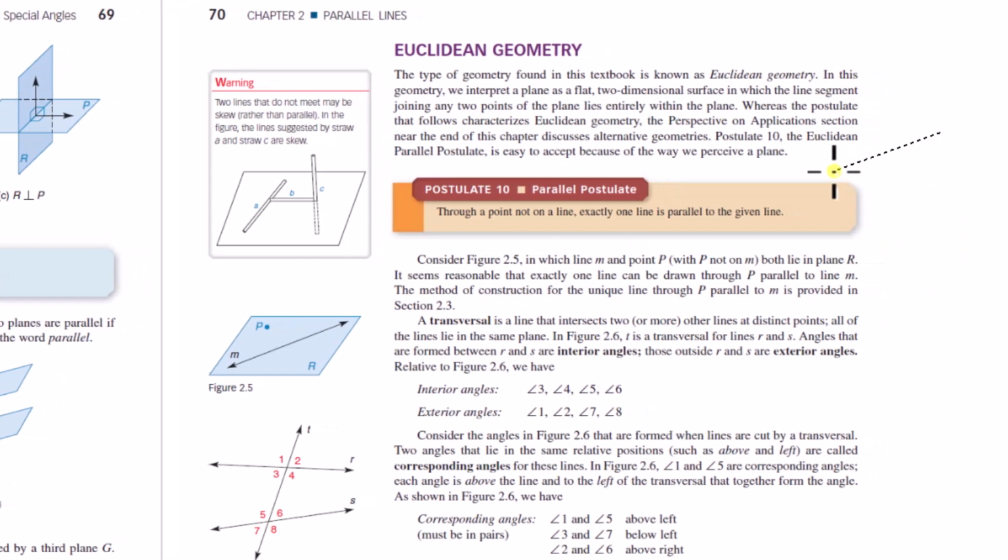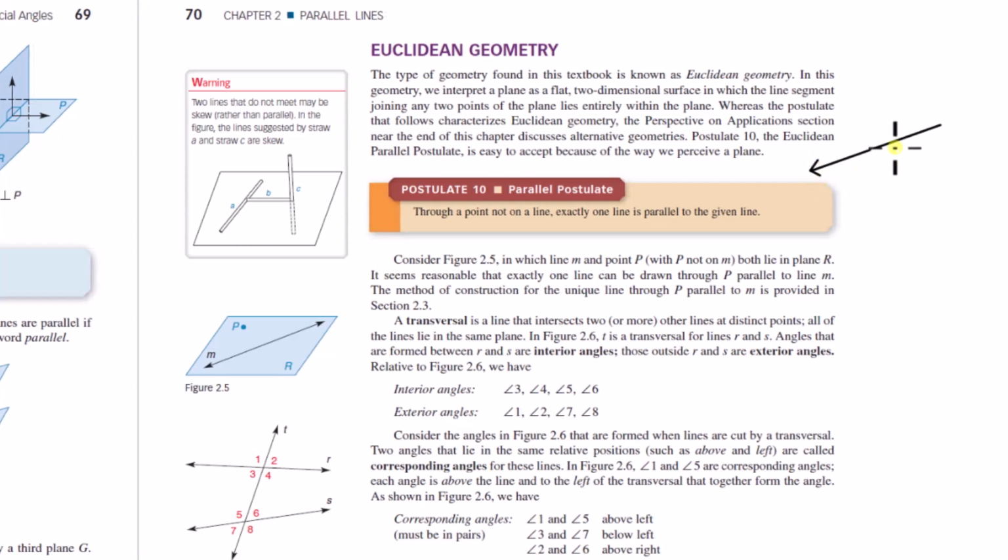We've got a line L, and if we pick a point not on that line, then there's going to be one unique line through this point that's parallel to line L. So it would be something like this. And we can't draw another different line that's also going through point M that's also parallel to line L.